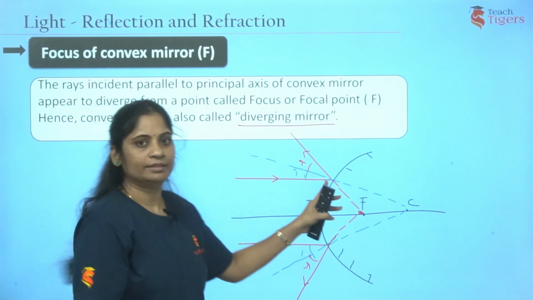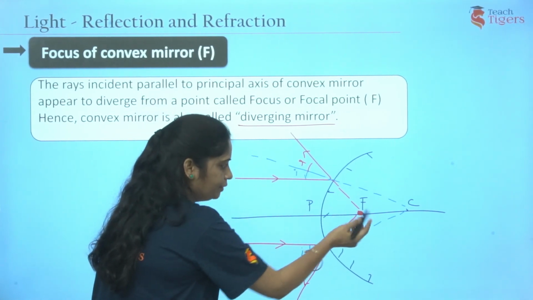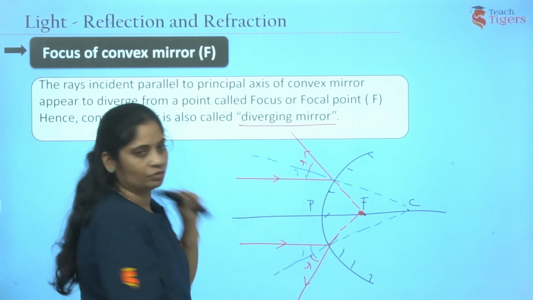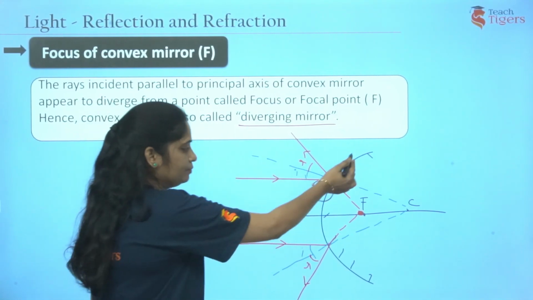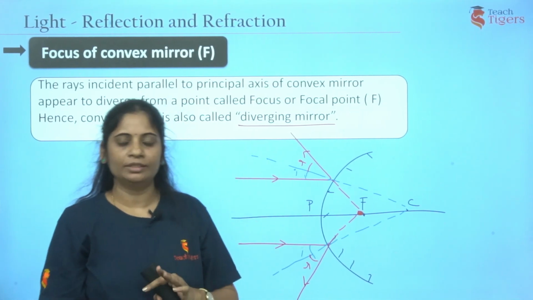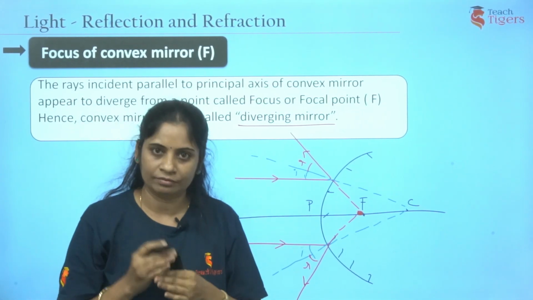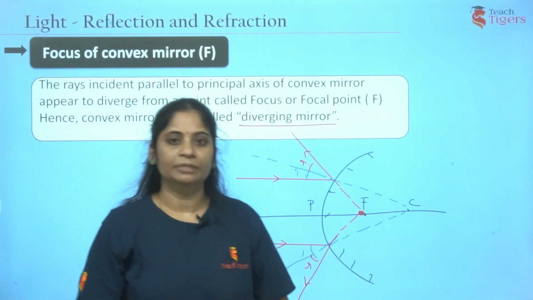And where are the reflected rays meeting? The reflected rays appear to diverge from the focus. They appear to emerge from the focus. So that's why this is called a diverging mirror. Very important: a concave mirror is called a converging mirror and a convex mirror is called a diverging mirror.